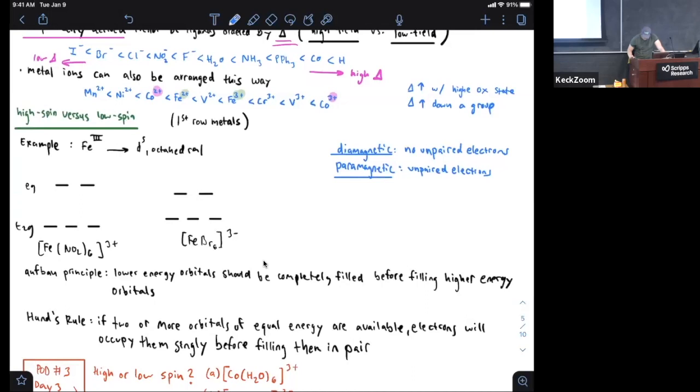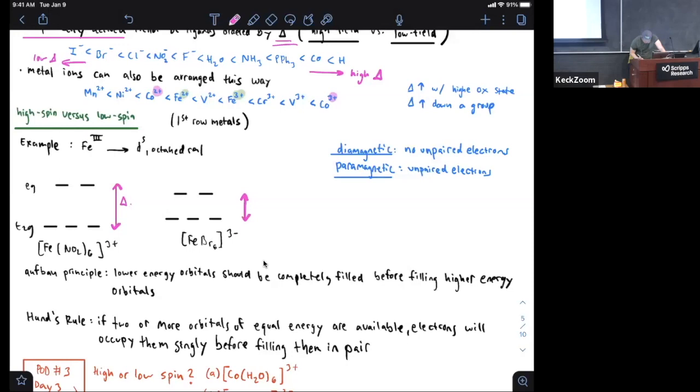Okay, and you can see that the key point here is that if we apply the spectrochemical series, we see that as compared to bromide, the NO2 ligand is a relatively strong field ligand.